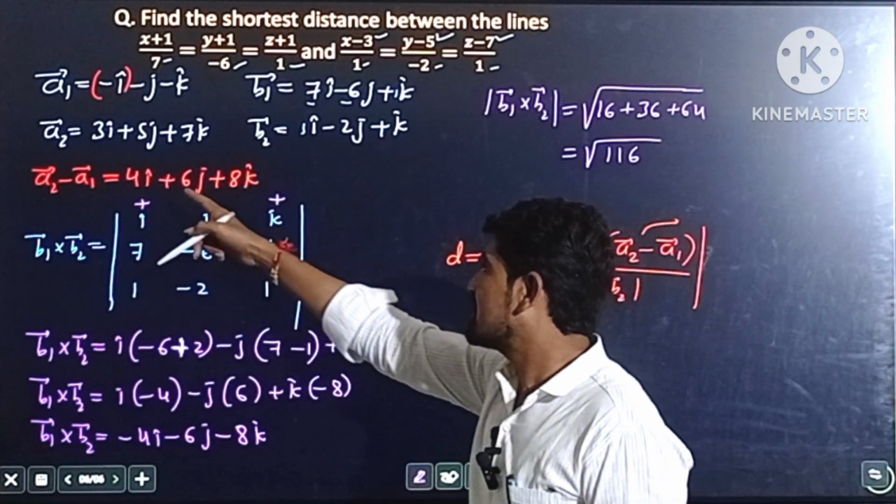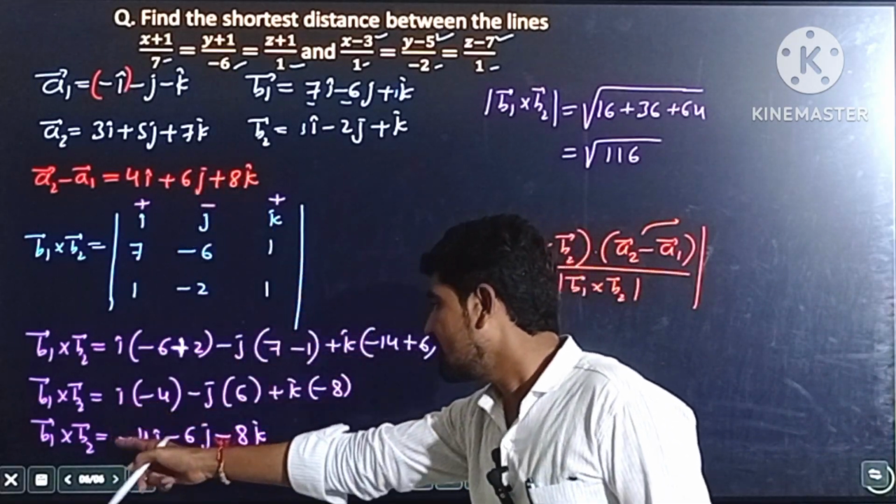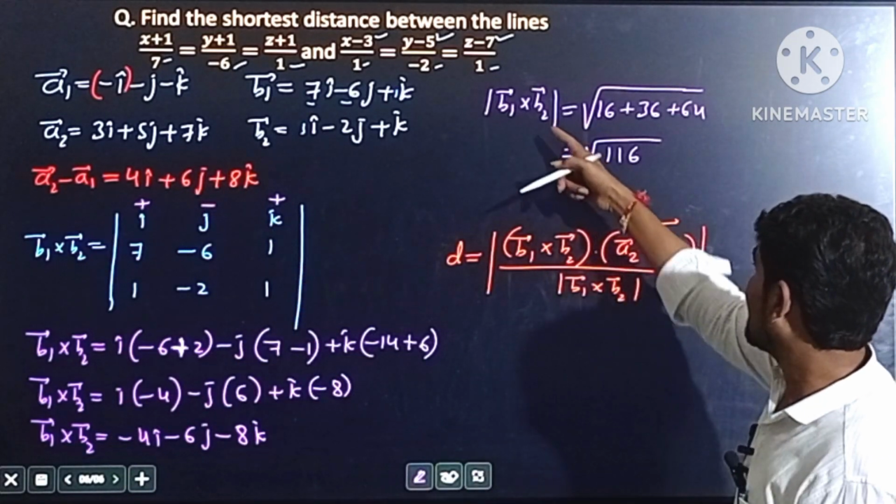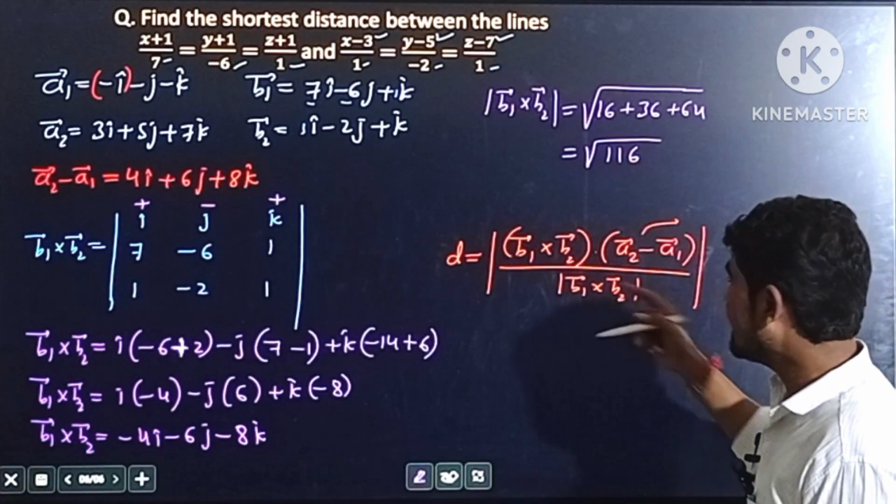Now substitute these values, a2 vector minus a1 vector, b1 vector cross b2 vector, and the magnitude of b1 vector cross b2 vector, in the formula.